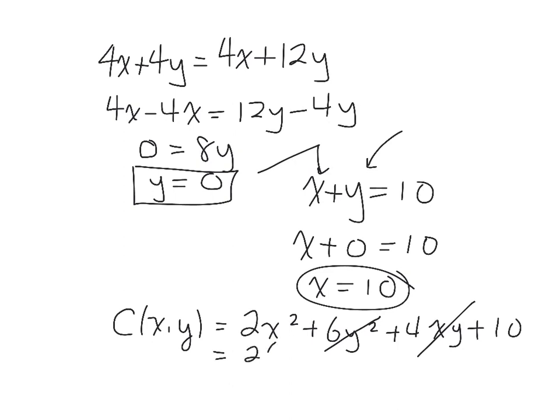So we have 2 times 10 squared plus 10. Following our order of operations rules, we have 10 squared is 100 times 2 is 200 plus 10 is 210. So the minimum cost with this production allocation will be $210.